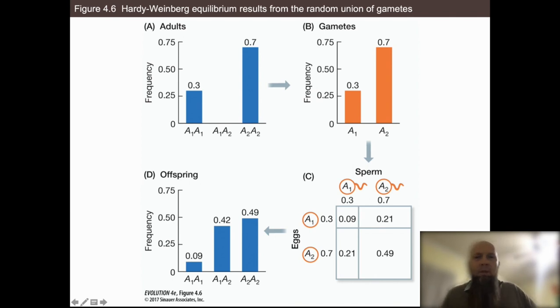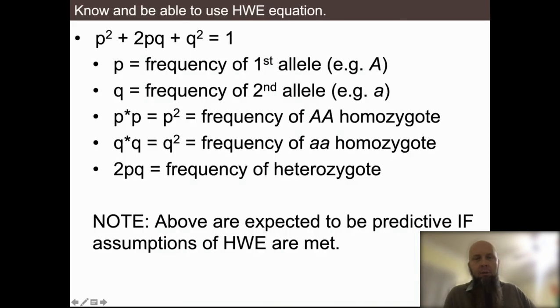Everything on this slide illustrates how you can calculate genotype frequencies from allele frequencies using the Hardy-Weinberg equilibrium equation. I'm not here to teach you this equation again. You've seen it before. It's explained here.